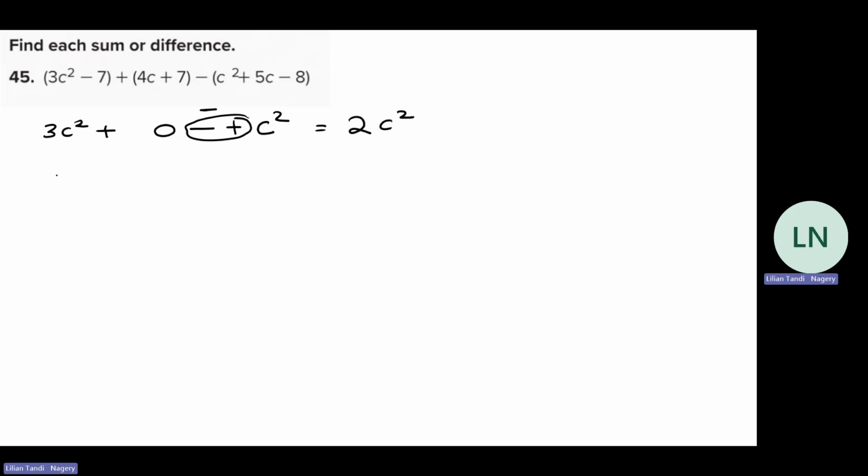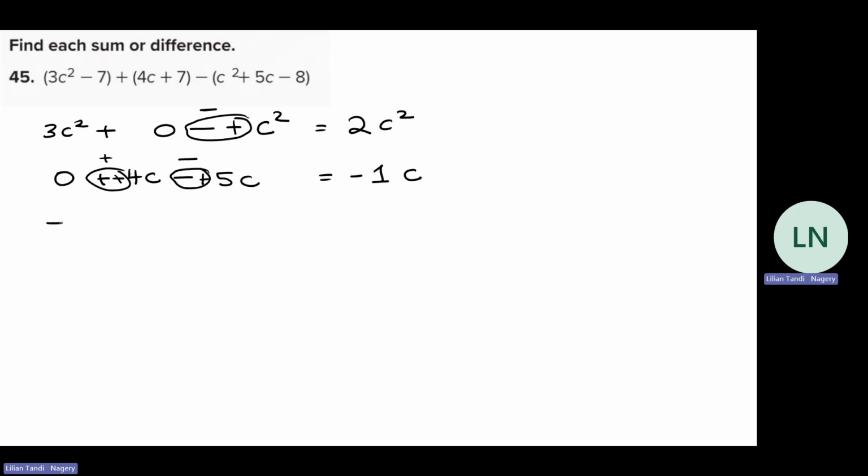Now let's do c's. There is no c in the first bracket, so 0 plus 4c plus positive 4c minus positive 5c. This becomes negative. 4c minus 5c is negative 1c.